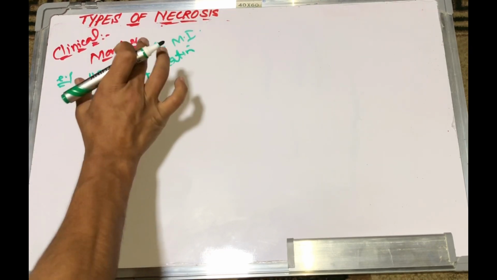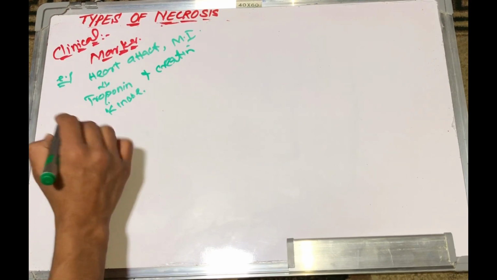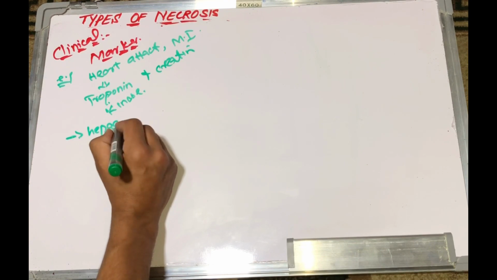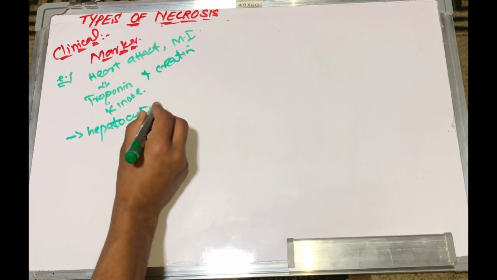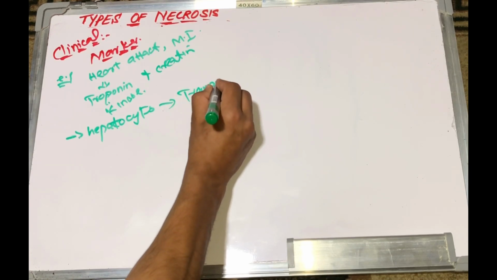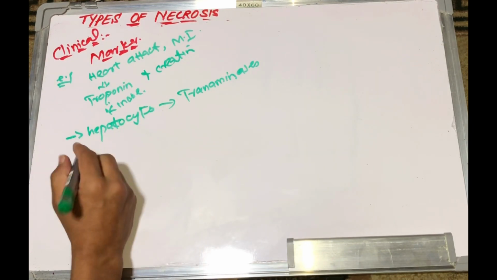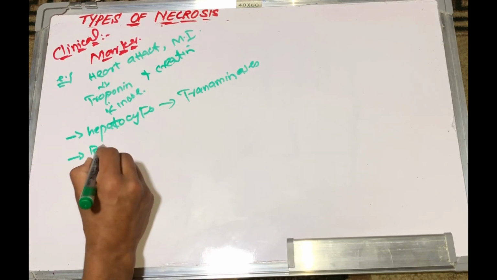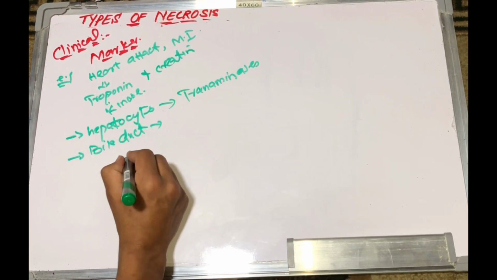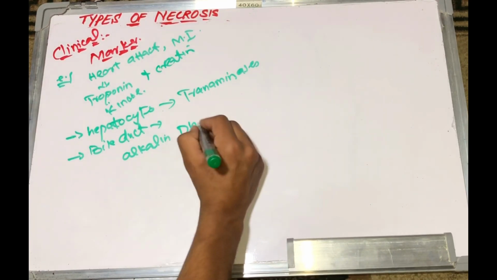These are the enzymes that are present inside the heart. In hepatocytes we have transaminases. In the bile duct we have alkaline phosphatases.